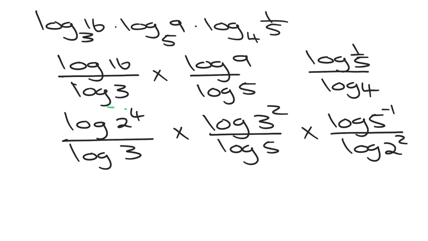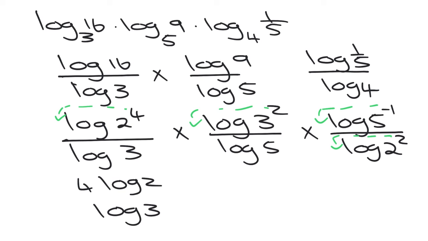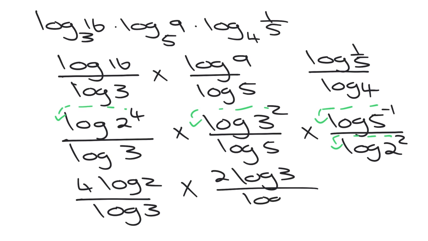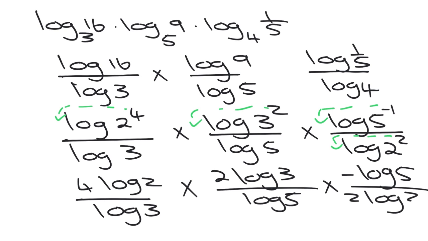So now we're going to move the 4 over to this side, just as we're going to take this 2, as well as this 2, to the side, and as well as this negative 1. So what are we left with here? We have 4 log 2 over log 3 multiplied by 2 log 3 over log 5 multiplied by negative log 5 over, or rather, 2 log 2.